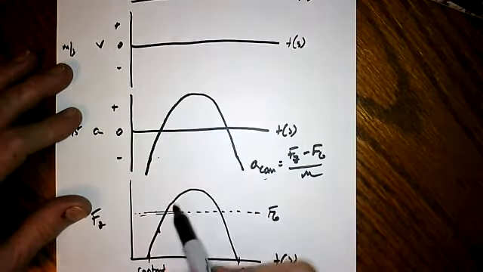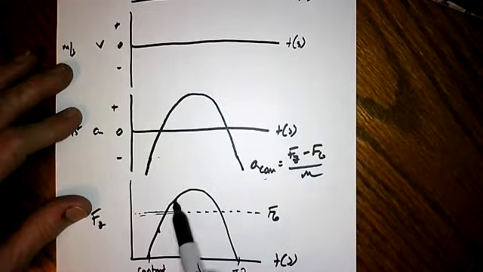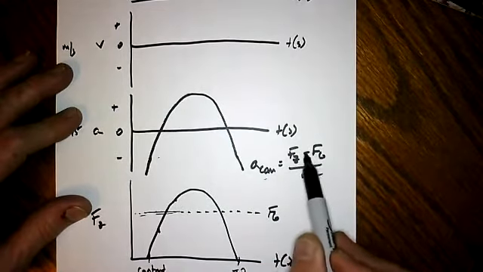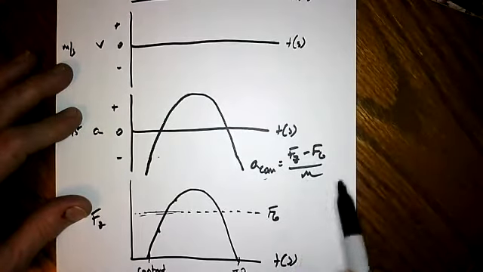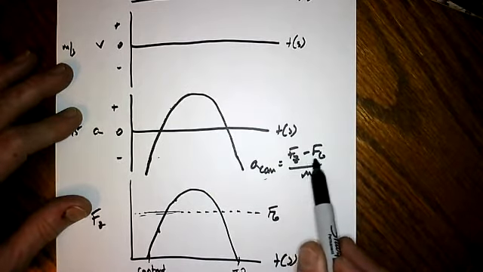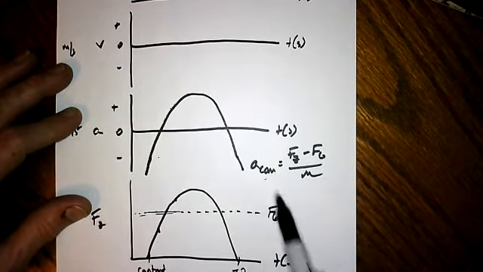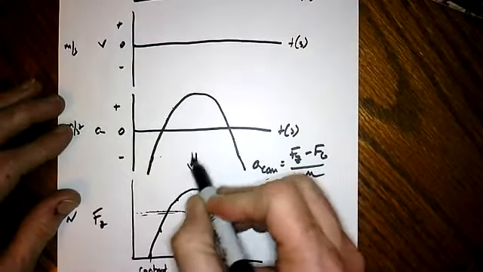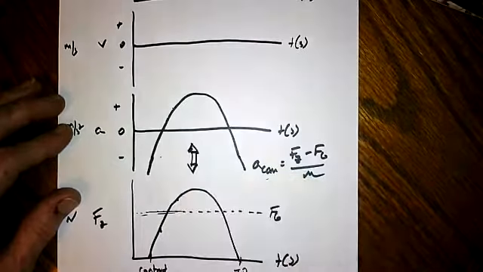When Fz is greater than body weight, above this dotted line, this numerator will be positive. M is always going to be positive, therefore acceleration is positive. And again, over here, Fz is below body weight. The numerator will be negative, acceleration will be negative. So these are easy to determine from each other.